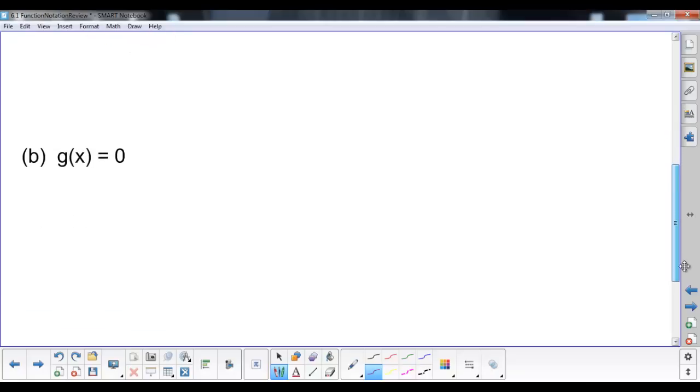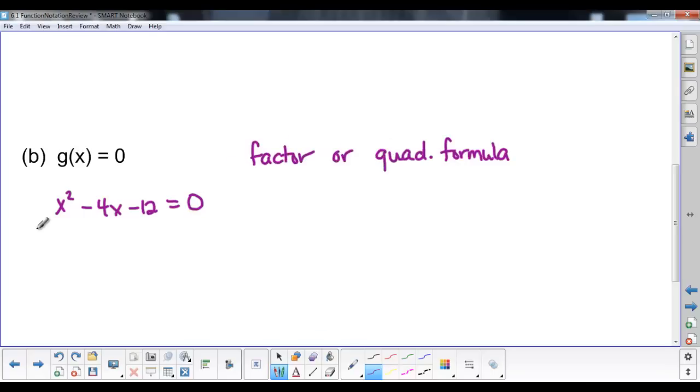Moving on. This time we want to set g of x equal to 0. So in this case, I'm taking a look and I see that we have a quadratic here that's set equal to 0. So if I want to solve for x, most likely I'm going to either factor or use the quadratic formula. So I want to find two numbers that multiply to negative 12 and add to negative 4.